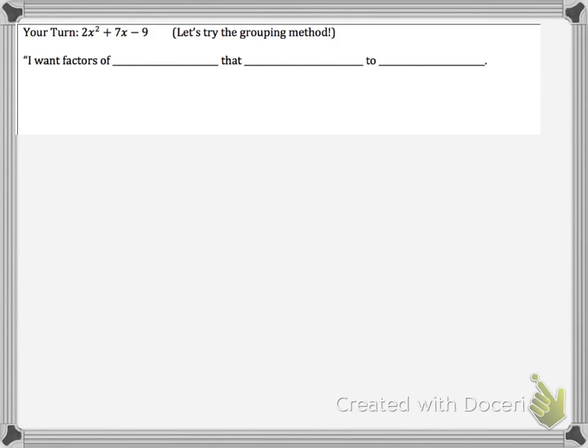So we're going to try another one with the grouping method. Remember, we're multiplying our quadratic term and our constant term. So I'm multiplying 2 times 9, and that gives me 18. So I want factors of 18 that subtract, and that decision is coming from that sign right there, subtract to 7 for that middle term.